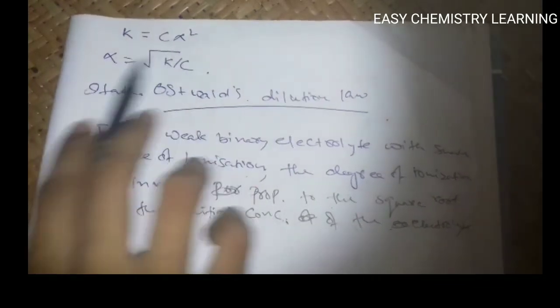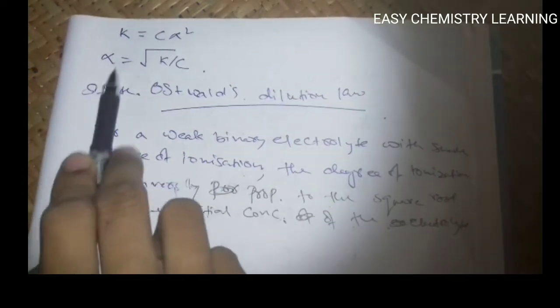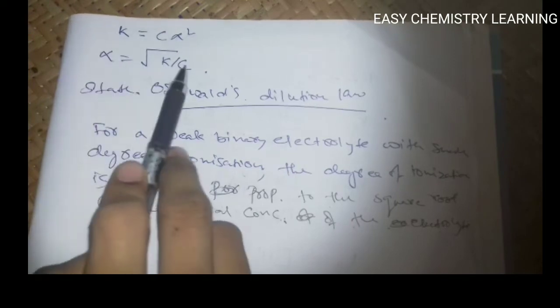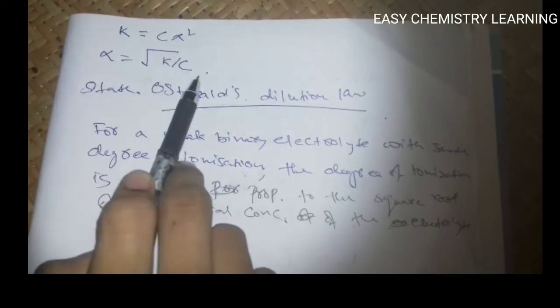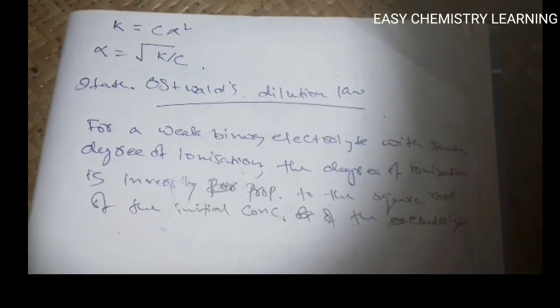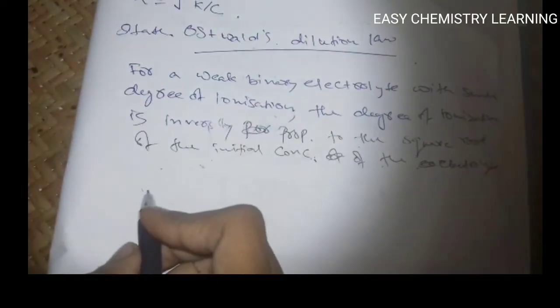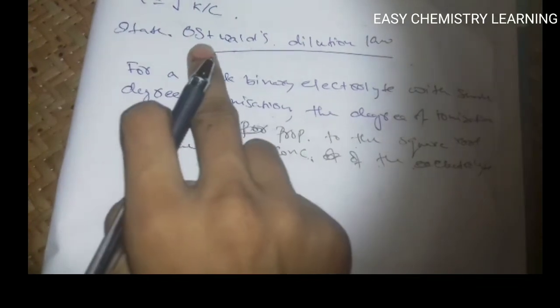You can understand this through the equation. This is the degree of ionization for a weak electrolyte, and it is inversely proportional to the square root of the initial concentration of the electrolyte. Now this equation can be written as follows. We know that the concentration C is expressed in moles per liter.